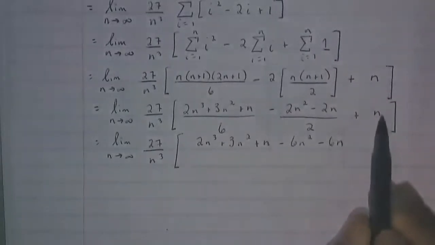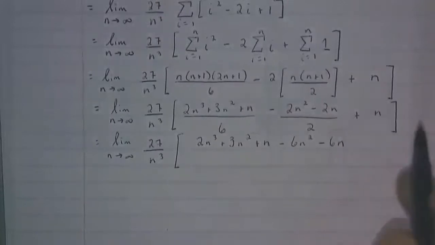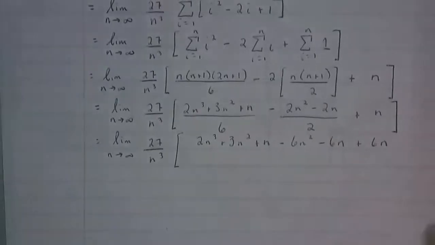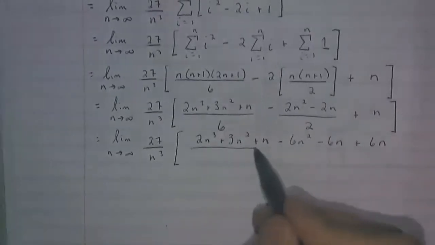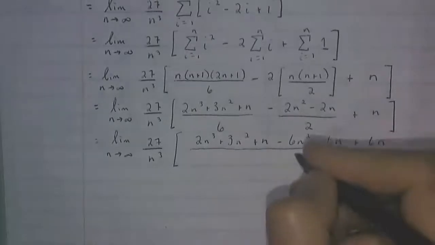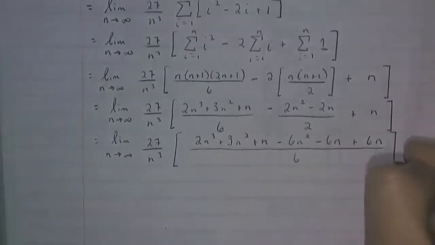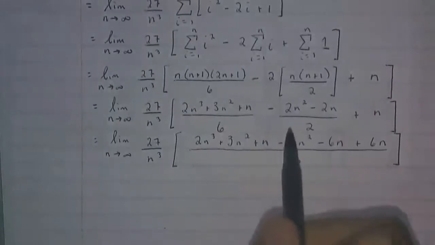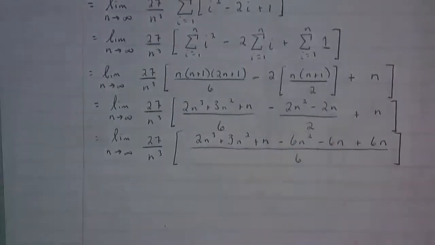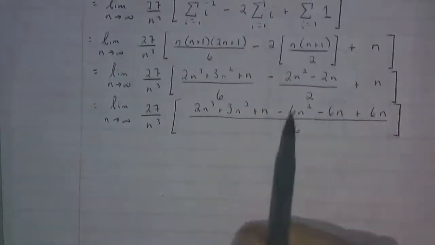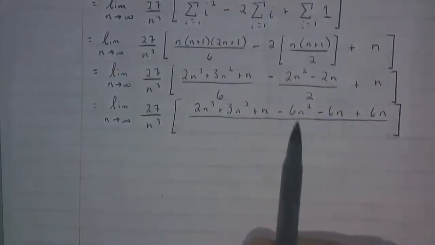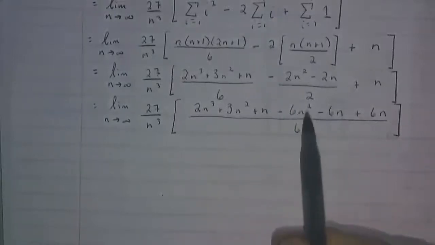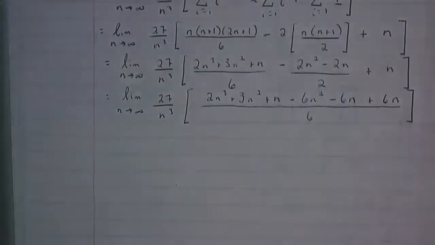And then this n needs to get hit with a 6 over 6, so this becomes a plus 6n, all divided by 6. It's pretty important that we're getting these coefficients right, because if we don't, we'll get the wrong answer. So be very careful with your algebra and your simplification, making sure that we're doing this correctly.